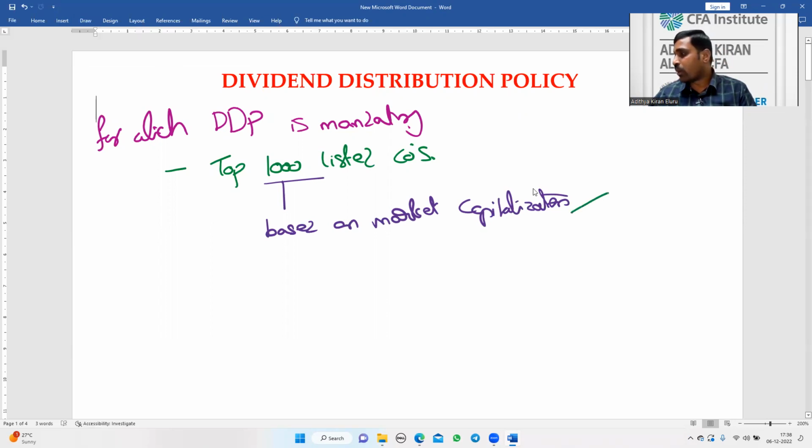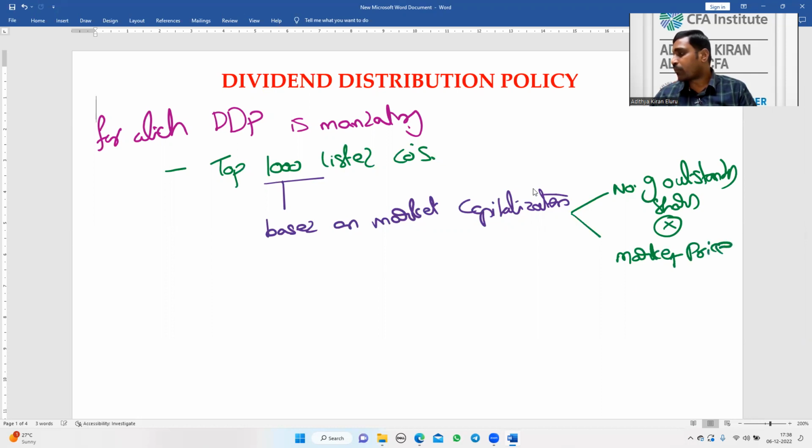Number of outstanding shares into market price as at 31st March of the year. So this is how we'll decide for which companies the dividend distribution policy is mandatory. It is mandatory for the top 1000 listed companies based on market capitalization.